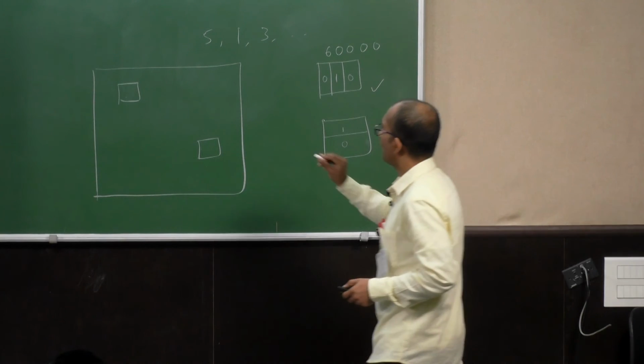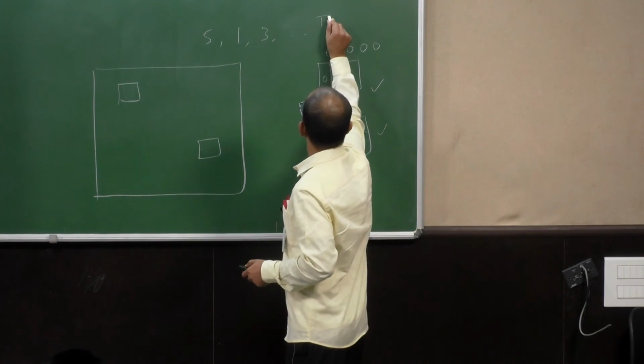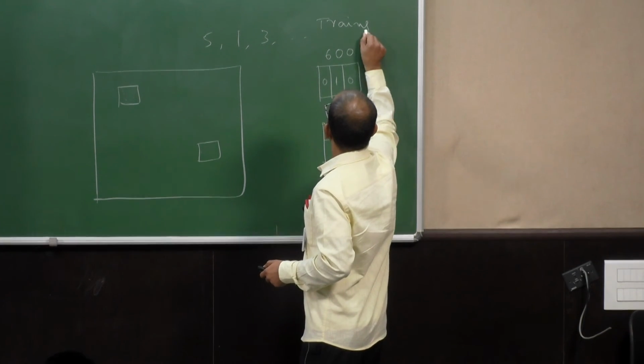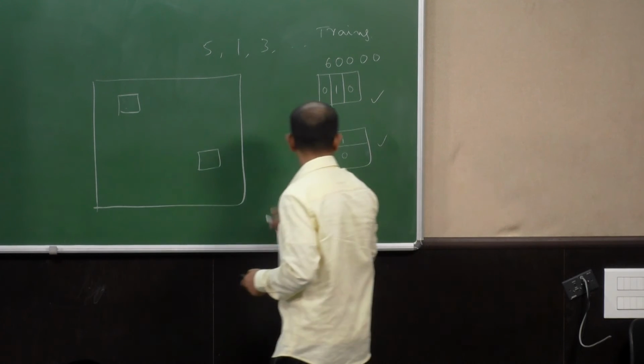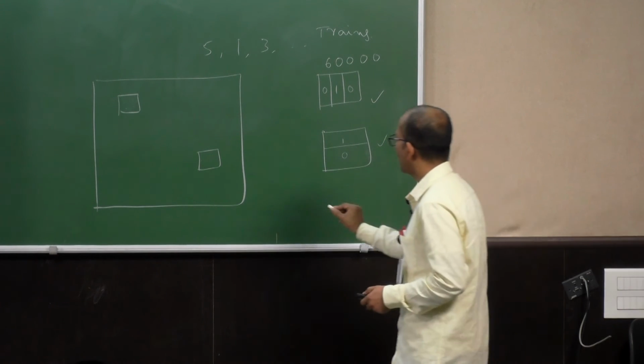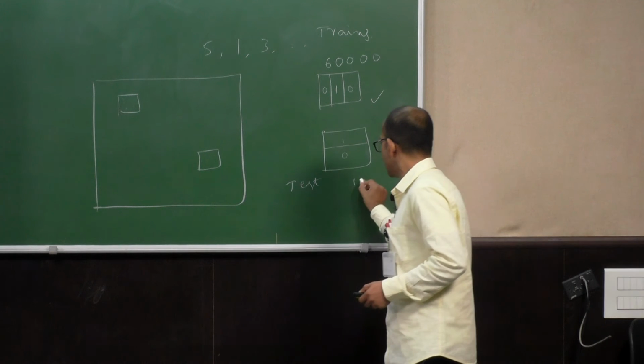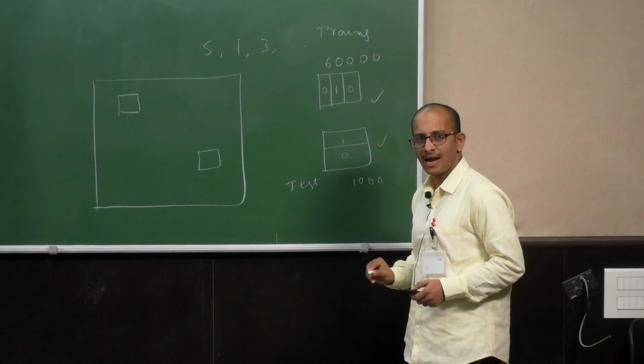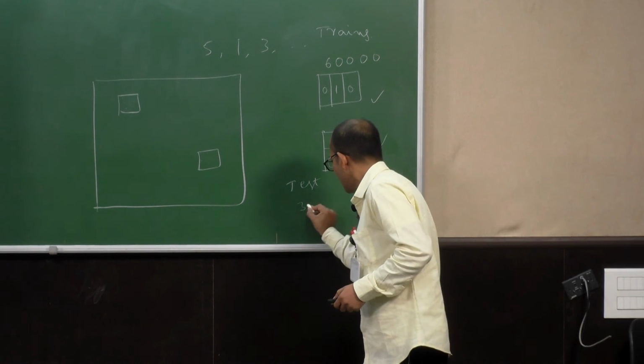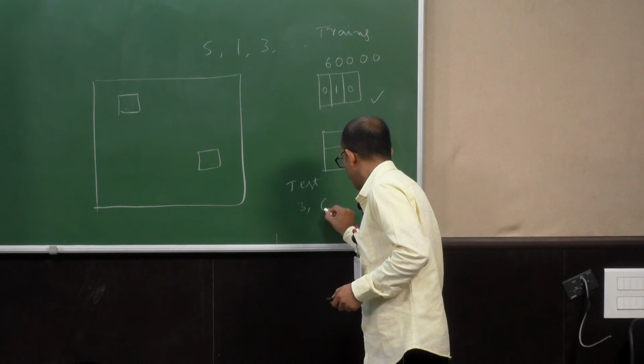These are all training samples, and then there is a test sample. Say, for example, we have 1000 test samples, and these are again handwritten digits.